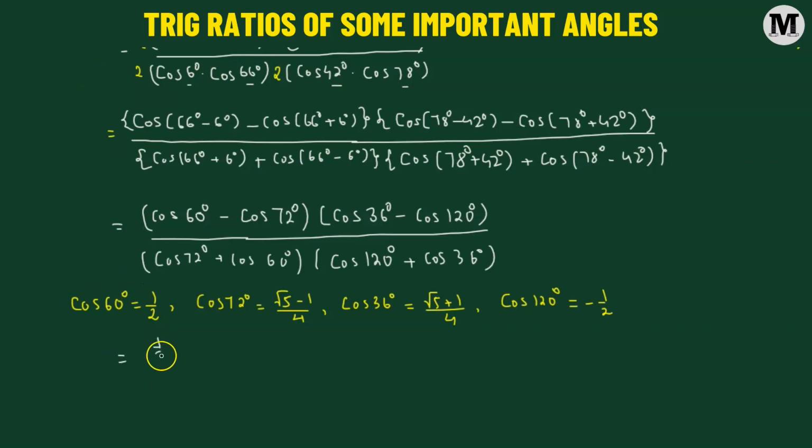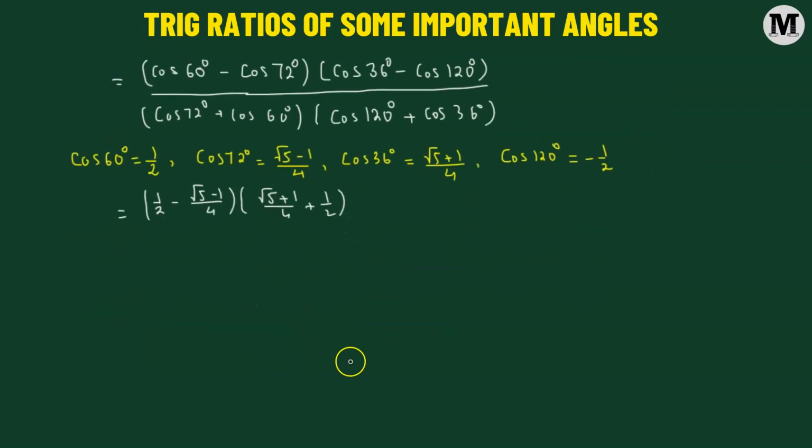So we have half minus cosine 72, which will be square root of 5 minus 1 divided by 4, whole multiplied to cosine 36, so that's square root of 5 plus 1 divided by 4. And we have negative cosine 120, so this is going to give us positive 1/2. Divided by cosine of 72 degrees, which is square root of 5 minus 1 over 4 added to half.